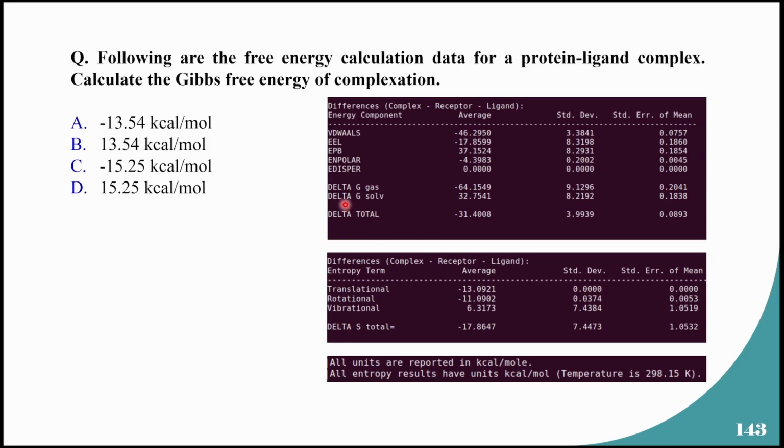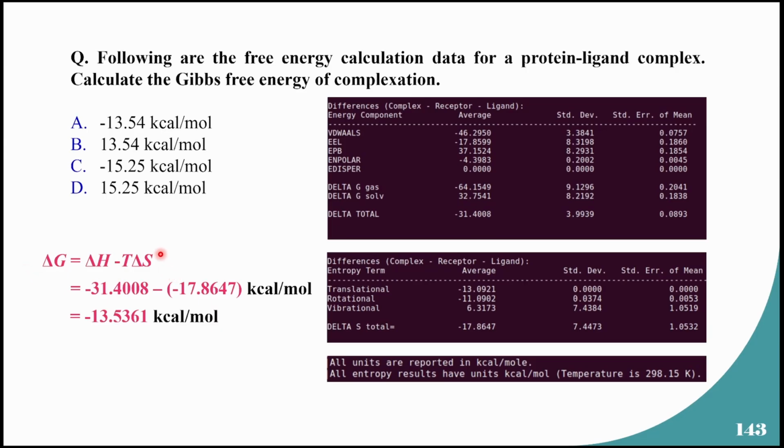Basically, you get the value of enthalpy, which is composed of different smaller individual components. But if you have the value of enthalpy, and then the entropy contribution, you can calculate the binding free energy from those, using the Gibbs free energy formula.